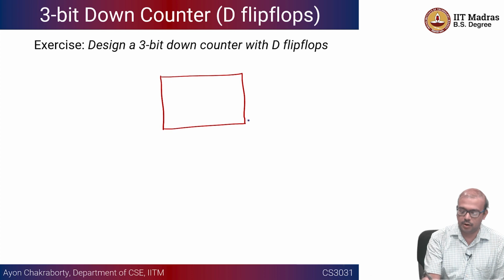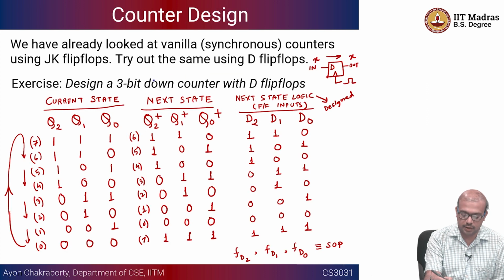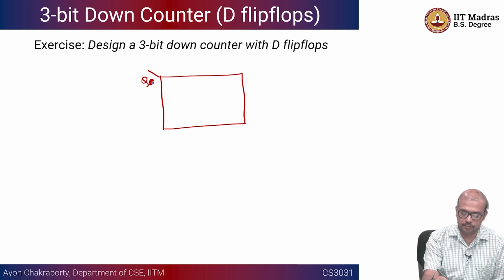So you should draw the K-map table, where let's say this is Q0, and this could be Q1, Q2. So you can have 0 0, 0 1, 1 1, 1 0.